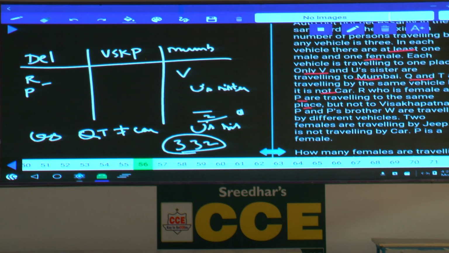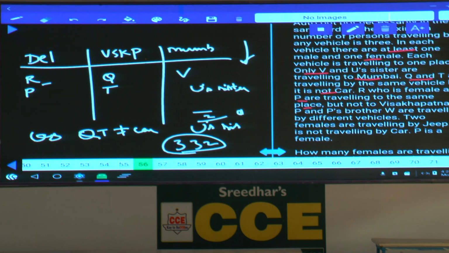Q and T cannot be in Delhi, because then we will have 4 persons travelling to Delhi. And they cannot travel to Mumbai either, because then you will have 3 persons, which is not possible. Hence, Q and T must travel to Visakhapatnam only. Clear now?